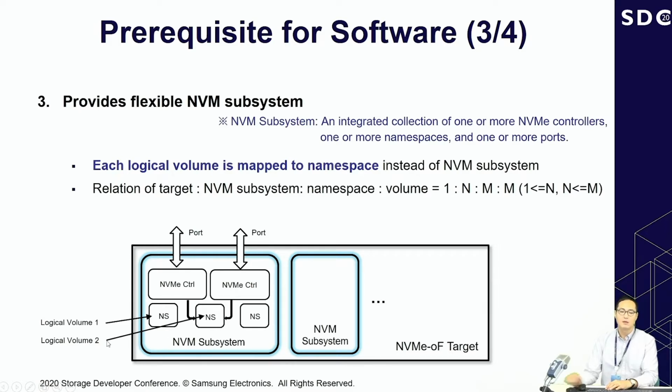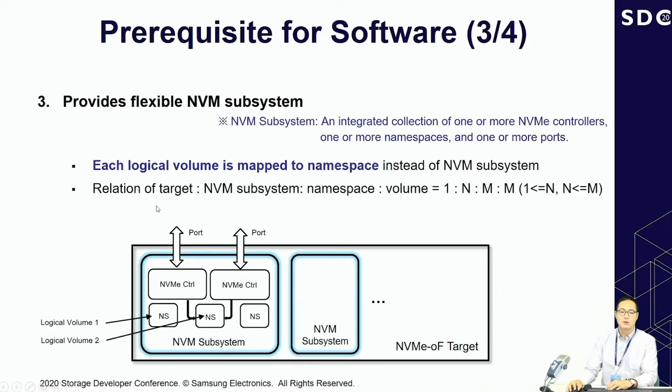This allows one NVMe subsystem to have multiple namespaces and thus multiple controllers. Suppose one NVMe subsystem represented one single volume, then the NVMe subsystem would be restricted to having only one NVMe controller and one namespace. So, to provide flexible NVMe subsystems, we decided to map one logical volume to a single namespace.